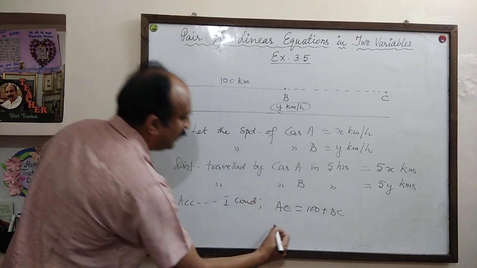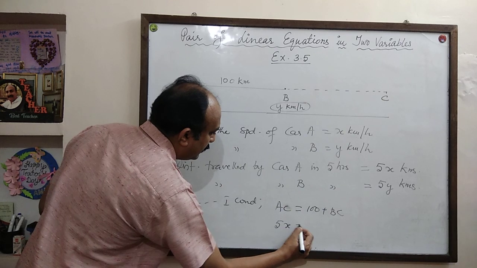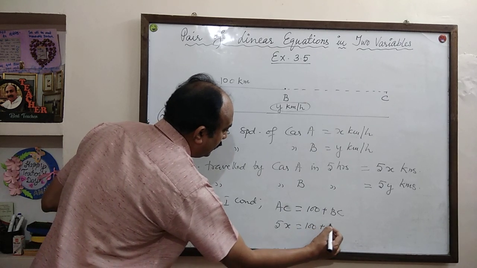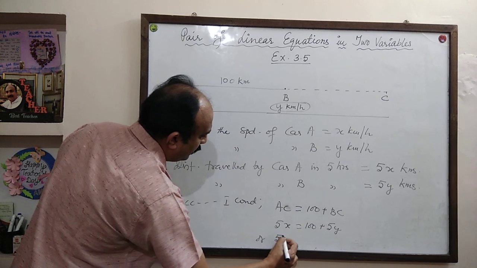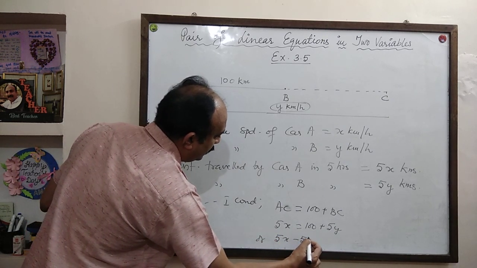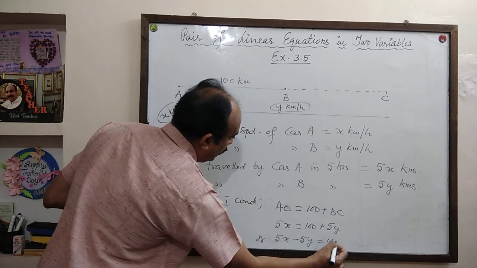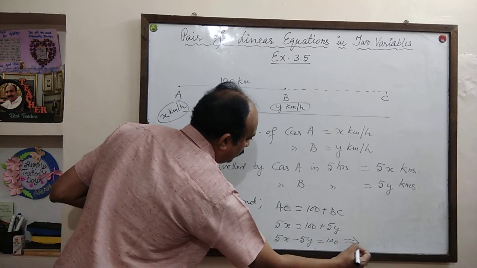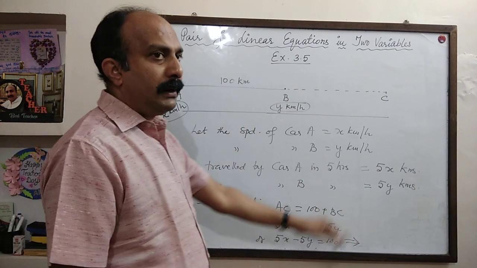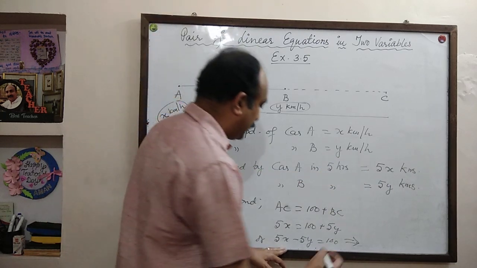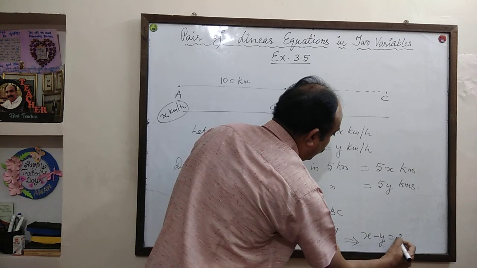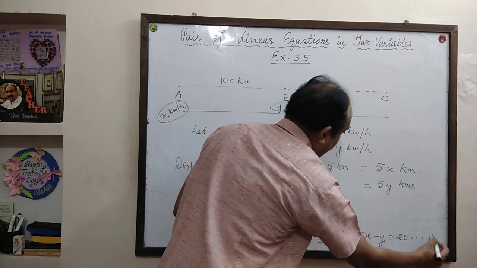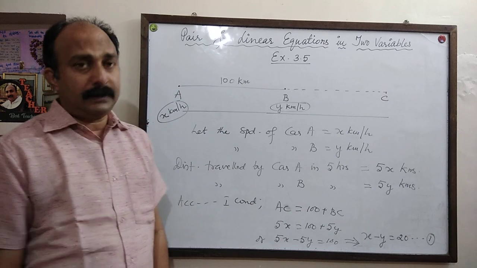What is AC? 5x is equal to 100 plus 5y, or 5x minus 5y is equal to 100, or we can take 5 common and cancel from both sides. It will become x minus y is equal to 20. This is equation number 1.